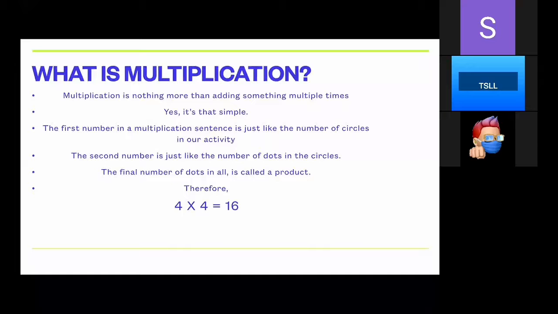And also, the number of dots in all is called a product. Therefore, if you want to convert that activity's results into a multiplication sentence, you can say 4 times 4 equals 16 because there are 4 dots each inside 4 circles, or 4 items in 4 groups, which gives you 16.